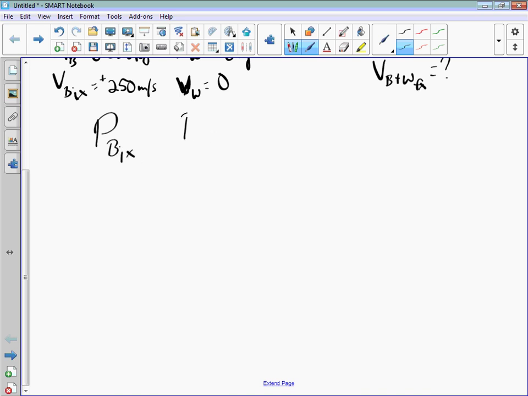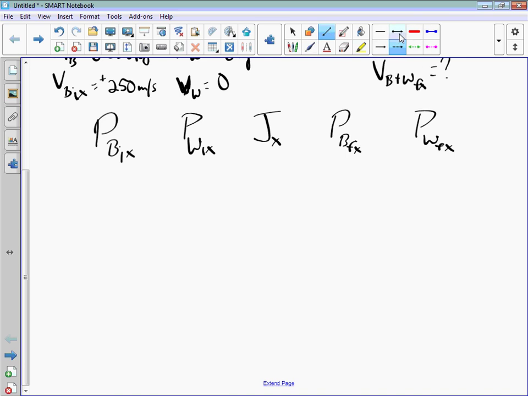We're going to have the momentum of our wood initially in the X direction. There might be some sort of an impulse in the X direction. We're going to have the momentum of the bullet final in the X direction and the momentum of the wood block final in the X direction.